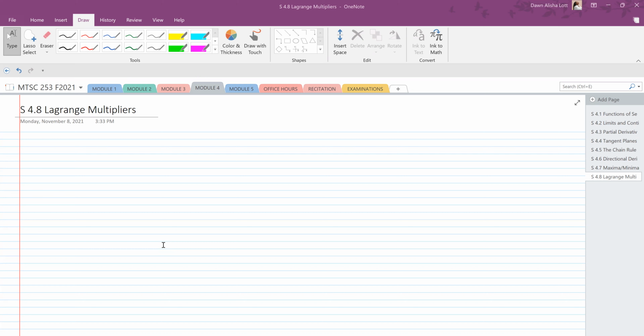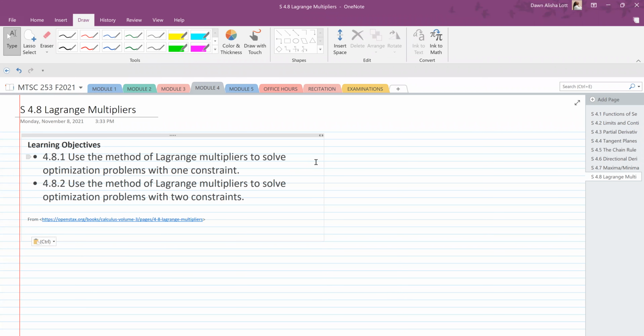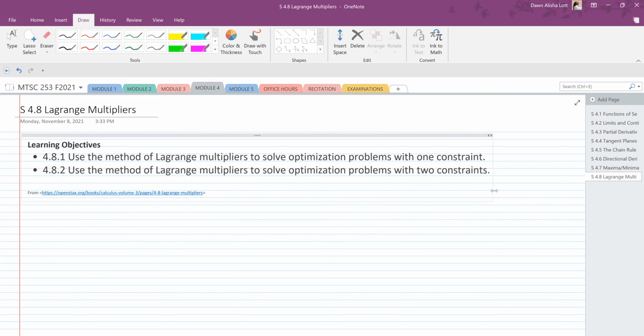Our learning objectives are to be able to solve optimization problems that have 1 and 2 constraints using the method of Lagrange multipliers. That is the last section. Wow, we're winding down. We have one more module.